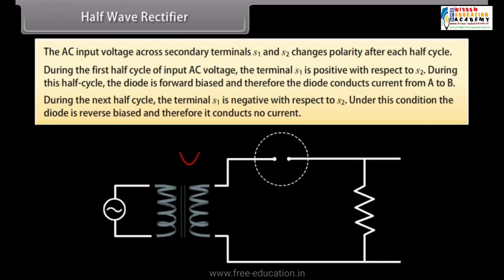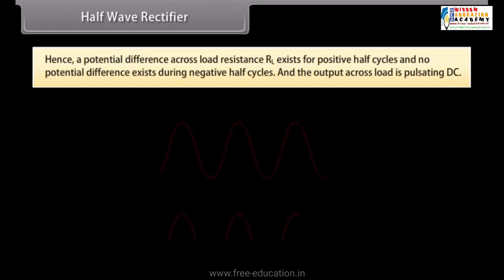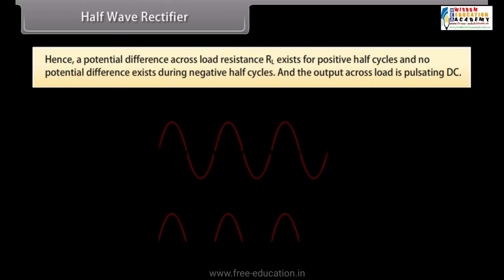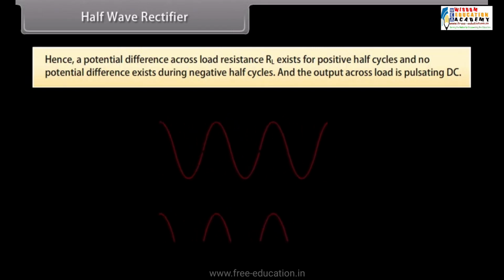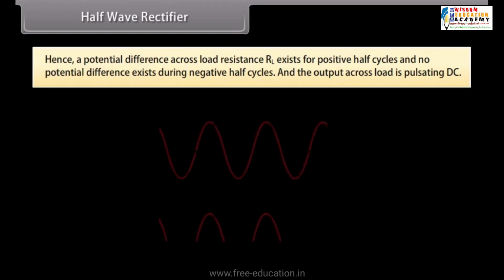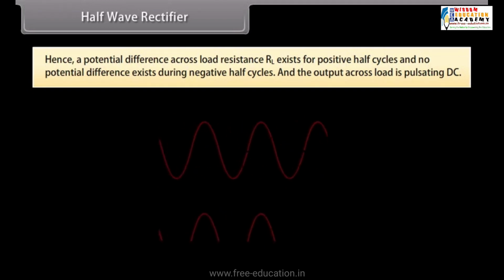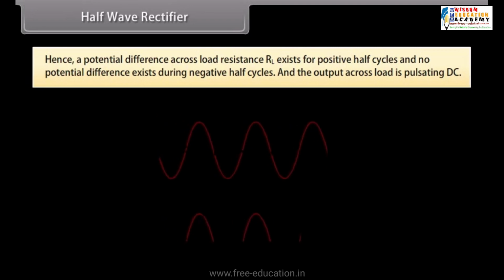Under this condition, the diode is reverse biased and therefore it conducts no current. Hence, a potential difference across load resistance RL exists for positive half cycles and no potential difference exists during negative half cycles, and the output across load is pulsating DC.